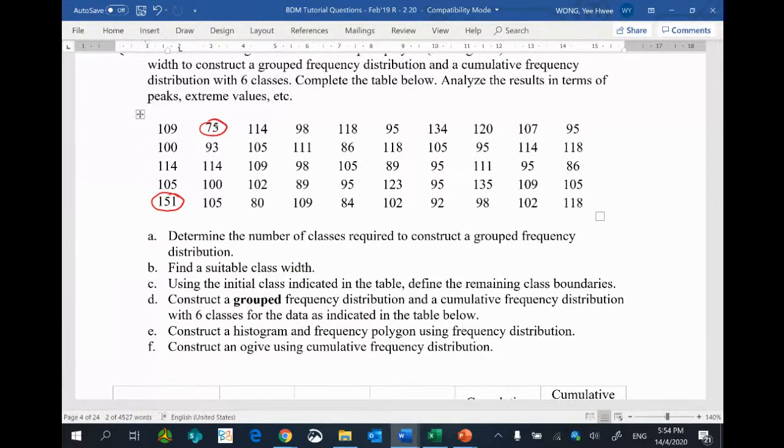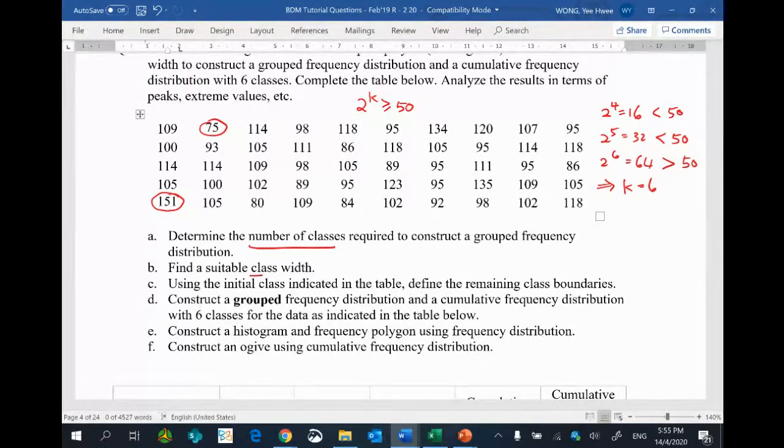So how many classes are needed? 2 to the power of 4, just now we started with 16. Now we have 50, right? So you have to find 2 to the power of k greater or equal to 50. If 4, it is still less than 50. If you put 5, 32 is still less than 50. If you put 6, 64, more than 50. So k is 6 classes. So the number of classes will be 6.